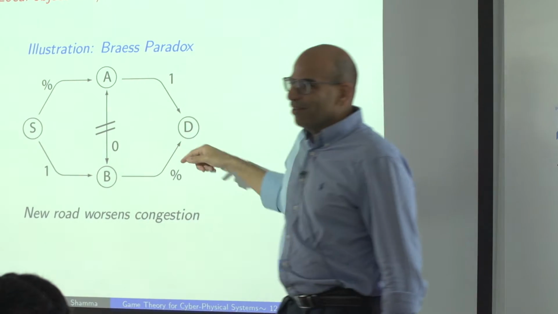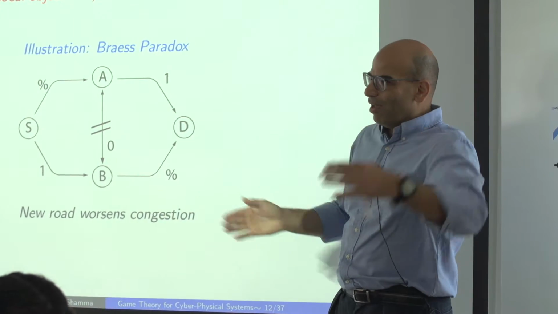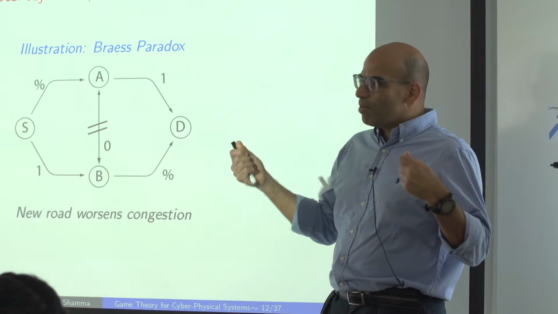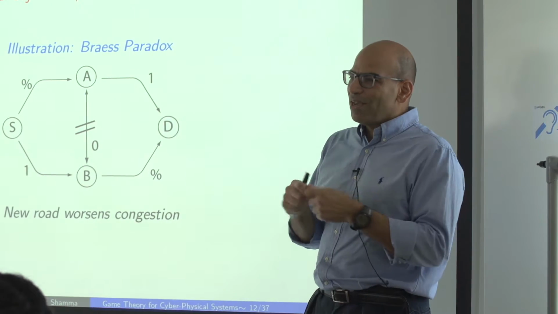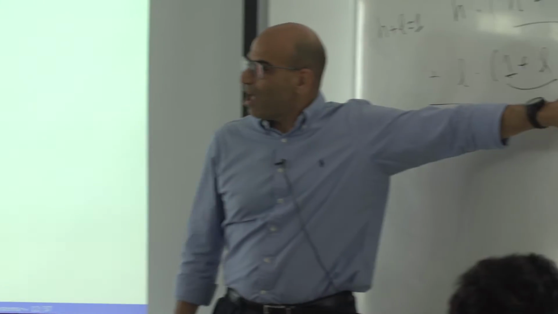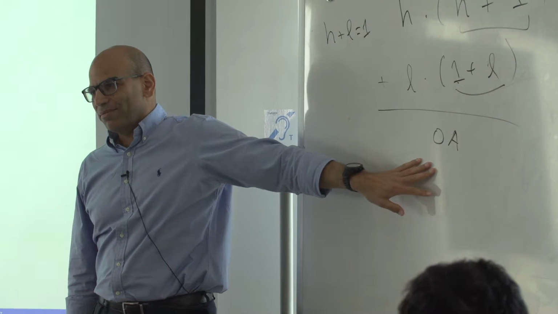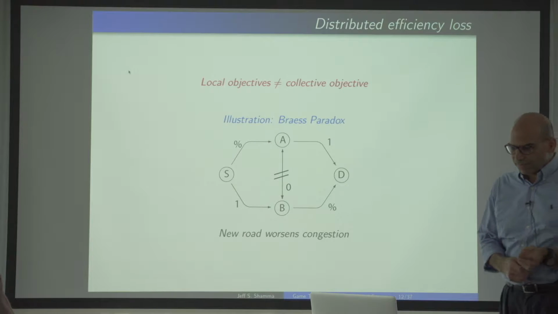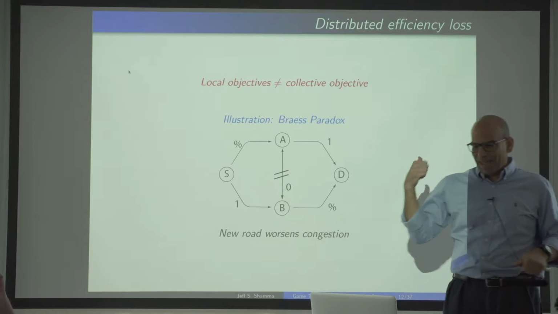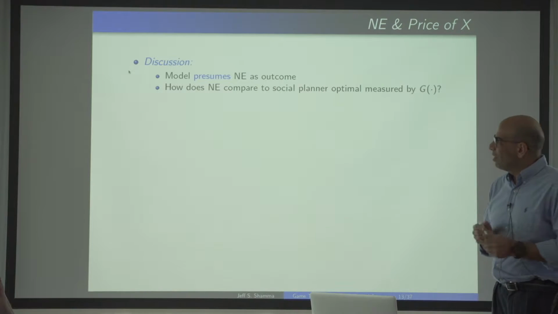And what happens when everybody thinks in terms of cheating? We switch back to the inefficient configuration. So distributed agents making their own decisions can go to a configuration that is not what the centralized planner would have liked to see. And the paradox part of this example is that it came from adding a road. Adding a road can worsen congestion.